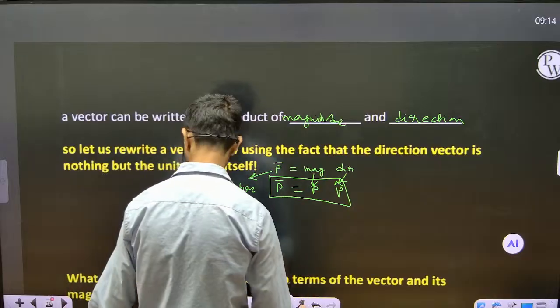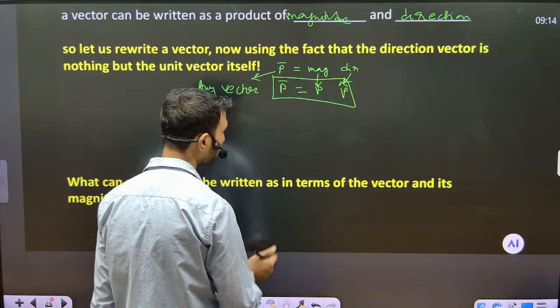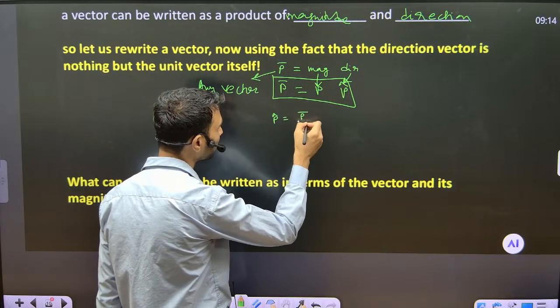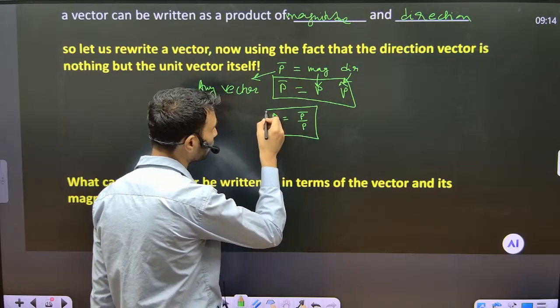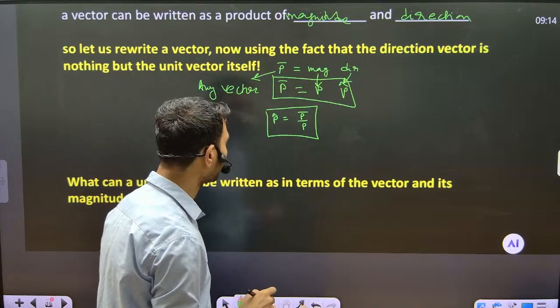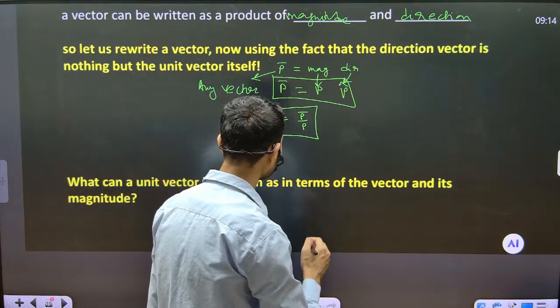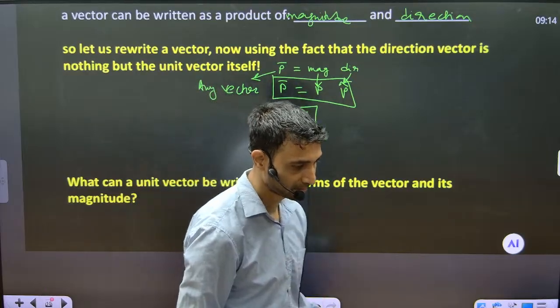So from here, if you want to write the value of p cap, what will p cap be equal to? So p cap can be written as p vector upon p. Right? So that's another formula. If you want to find out p cap, which is the unit vector, you can find it by simply dividing p vector with p.